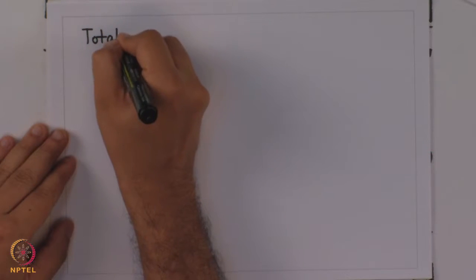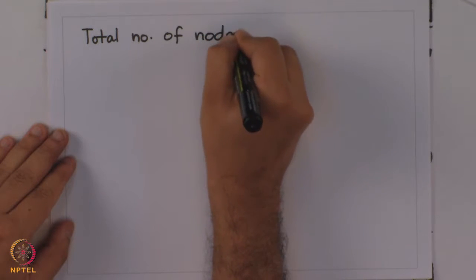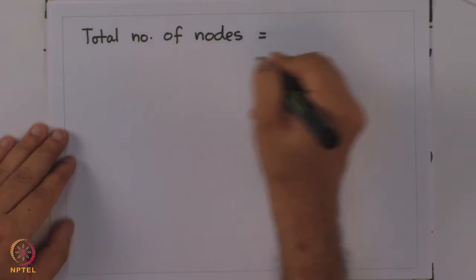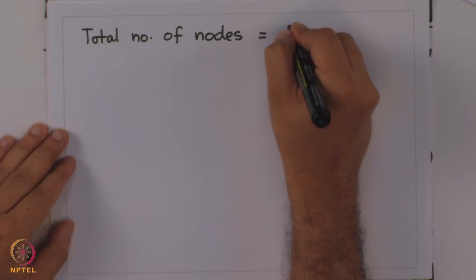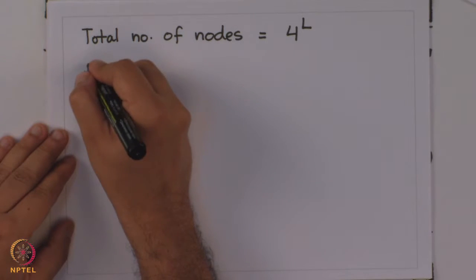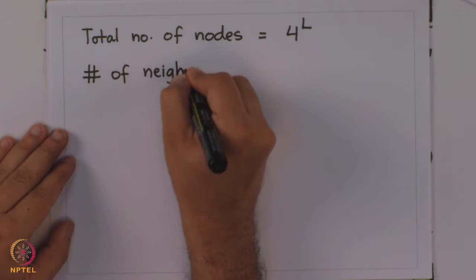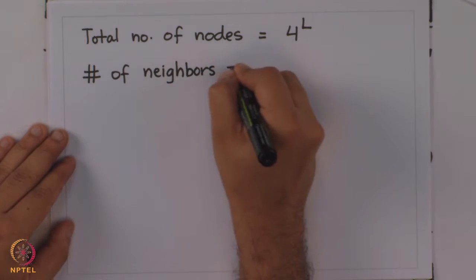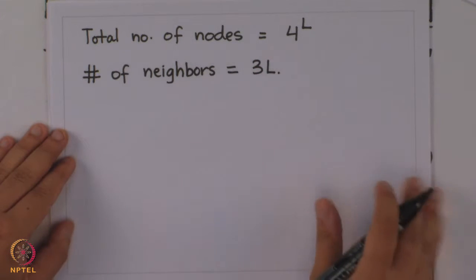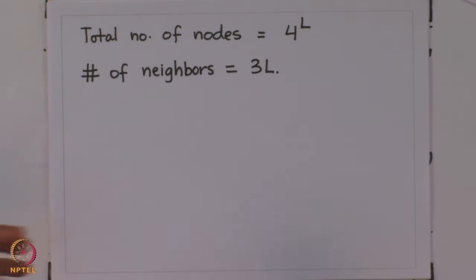So what that tells me is that the total number of sequences which are possible of length L is 4 to the power L, and each node has number of neighbors equal to 3L.